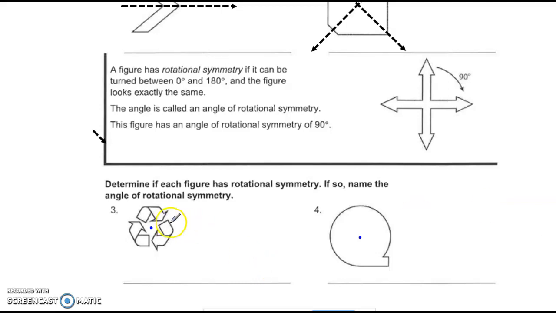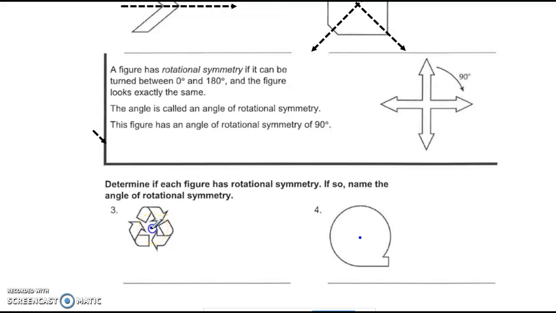Okay, so here's what I want you to do. You're going to get your protractors, and you're going to draw a line from the center to a specific point on the figure. One of the defining points for me would be the tip of that arrow.